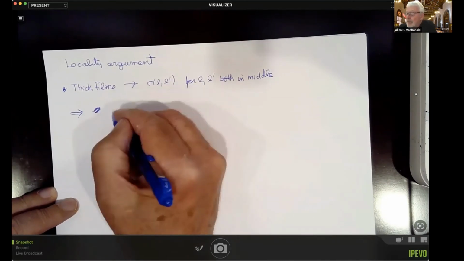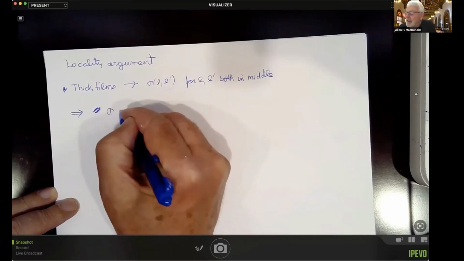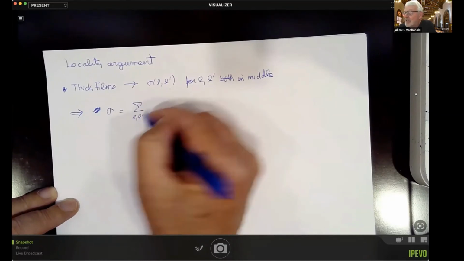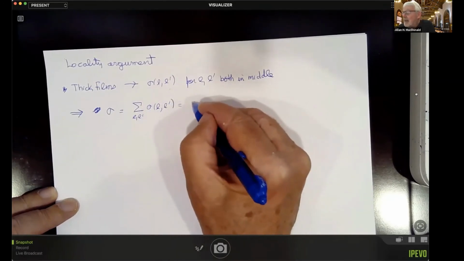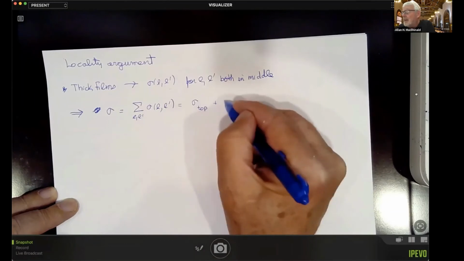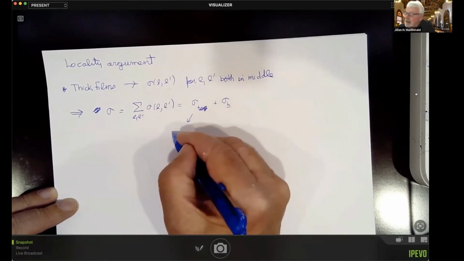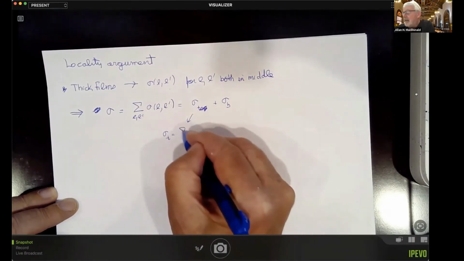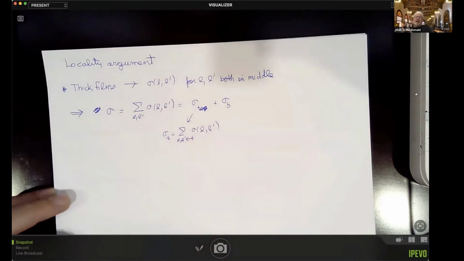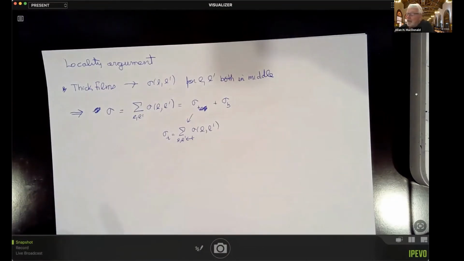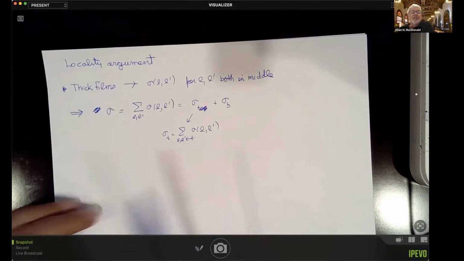So when this is true, then that means that sigma, the total Hall conductivity, by which I mean the sum over all layers of sigma L, L prime, can be separated into a top contribution, let me just use one letter, and a bottom contribution, where this is summed over some length related to the top.